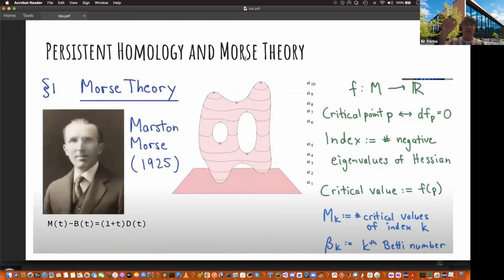If you are at the top of the hill, no matter which way you walk, you're going to walk down. You cannot walk up, so the height is going to decrease. Since the tangent space to this point has 2 dimensions, the index of this critical point is 2.